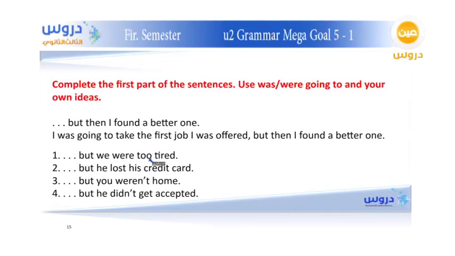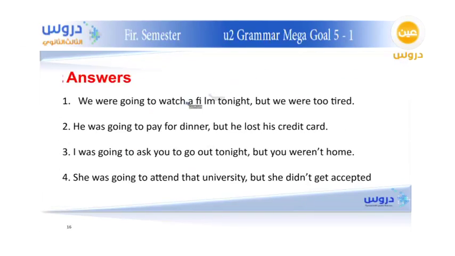Here you can use different scenarios that match this sentence. Here we have the example: we were going to watch a film tonight, but we were too tired. And here you have: he was going to pay for dinner, but he lost his credit card.